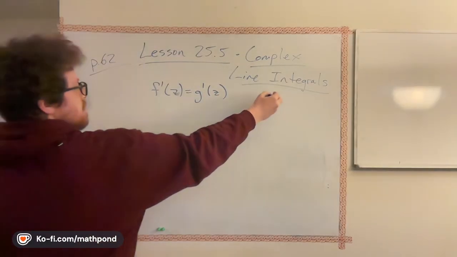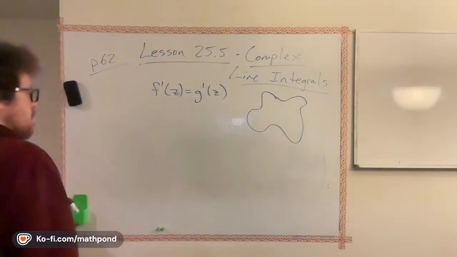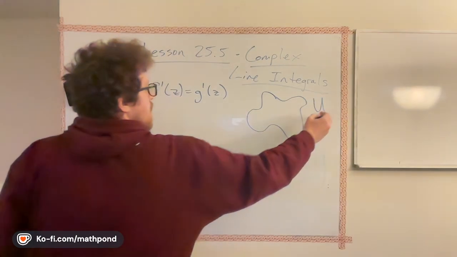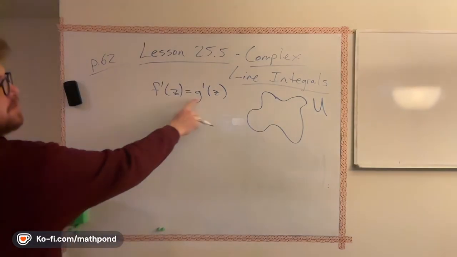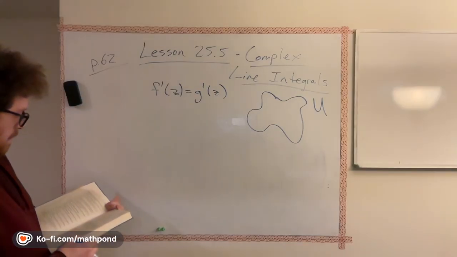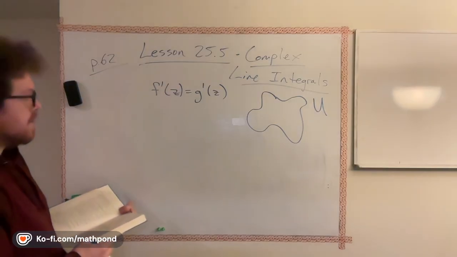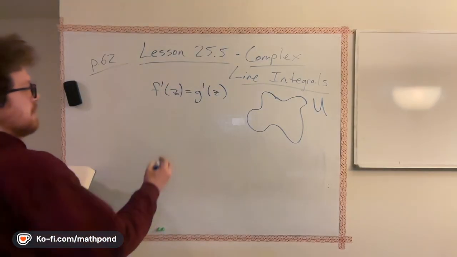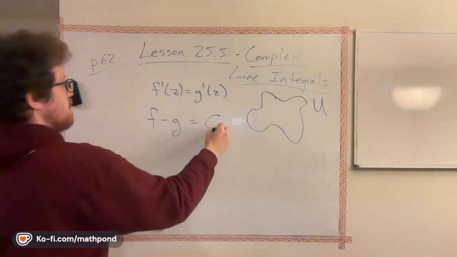We have some set U here, and we know that f and g are C1 and their derivatives are equal on this open set. Maybe we can look at f minus g.